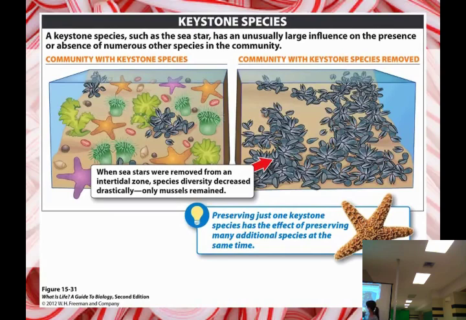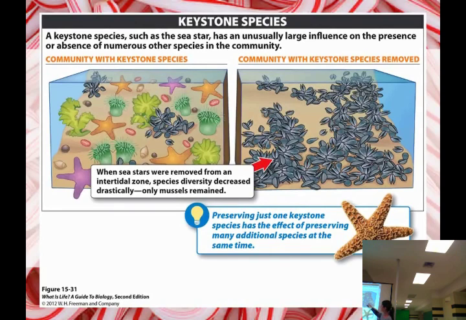So here we can see we have sea anemones, barnacles, lots of different types of living things, kelp, grasses. But when you take these sea stars out of these intertidal zones, the species diversity is going to decrease because these mussels are going to take over and they will outcompete everything in the area.